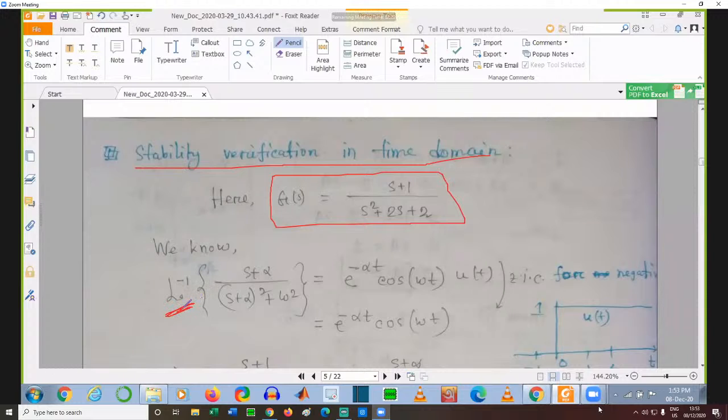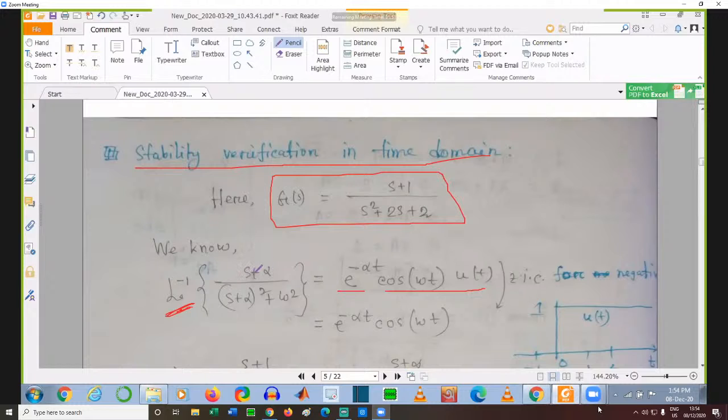So inverse Laplace, we know that. Here we have a formula: the inverse Laplace of (s plus alpha) by ((s plus alpha) square plus omega square) equals e to the power minus alpha t cos omega t u(t). If there is no alpha, you already know that s by s square plus omega square gives cos omega t.